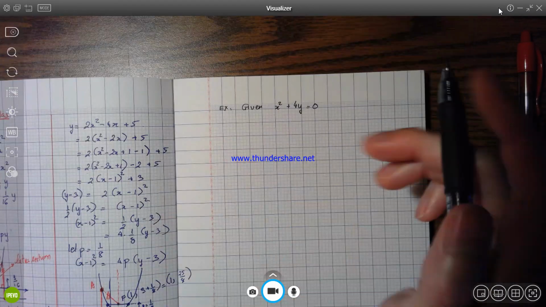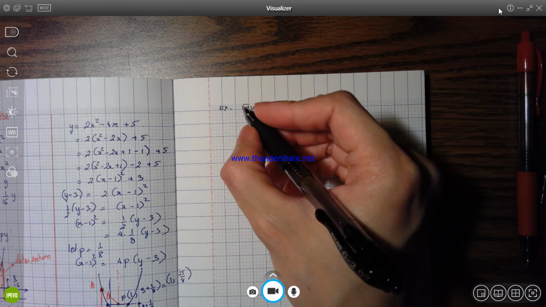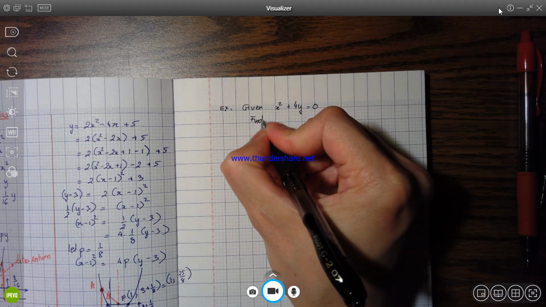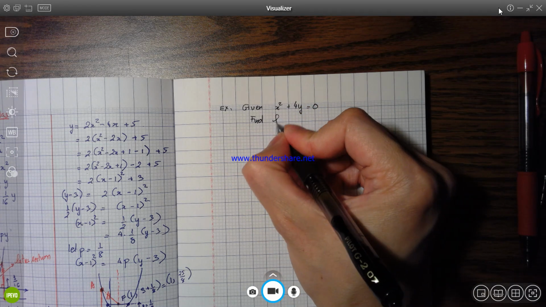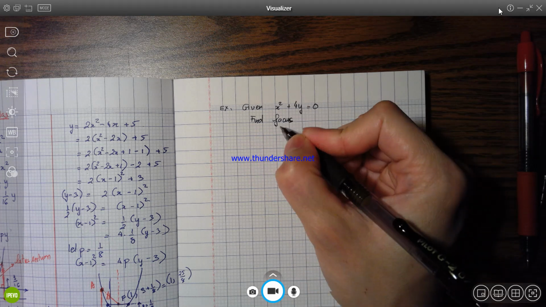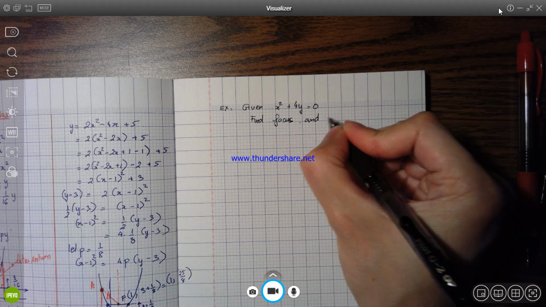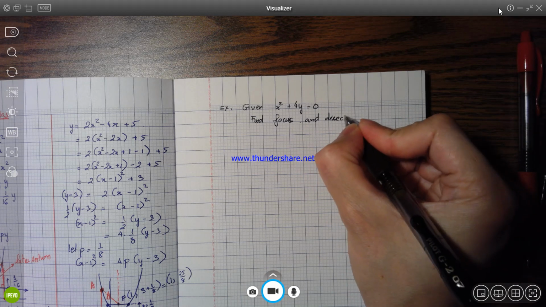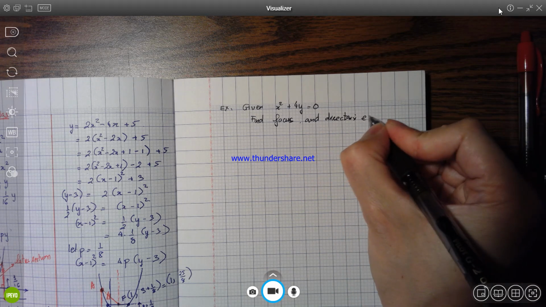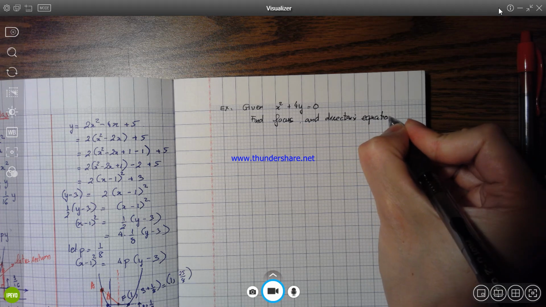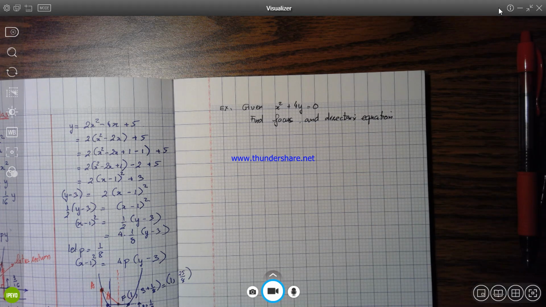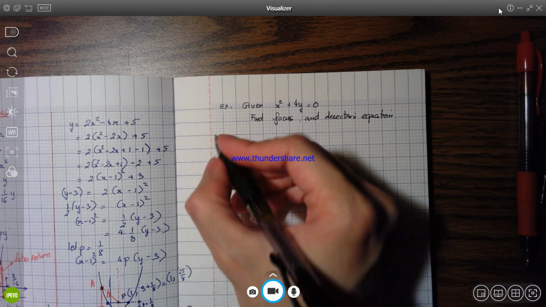In this question they ask you to find the focus and the directrix equation. It's very easy.